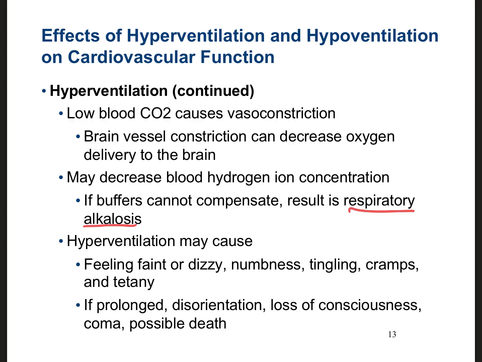Over time, because you're hyperventilating, the blood vessels are constricting, and now blood pH changes, you get faint, dizziness, numbness, tingling, cramps, tetany, right? If prolonged, it could lead to loss of consciousness, coma, and possibly death, right? Most of the time, 98% of the time, loss of consciousness is like the reset button, and things kind of reset from there.